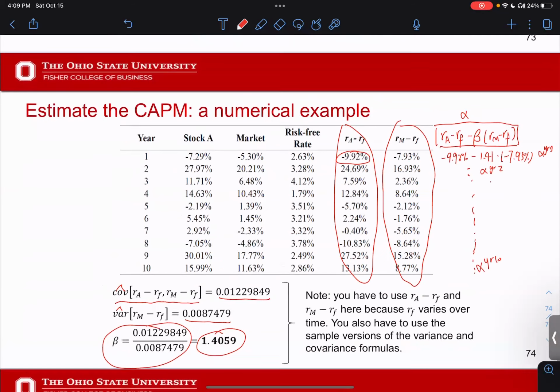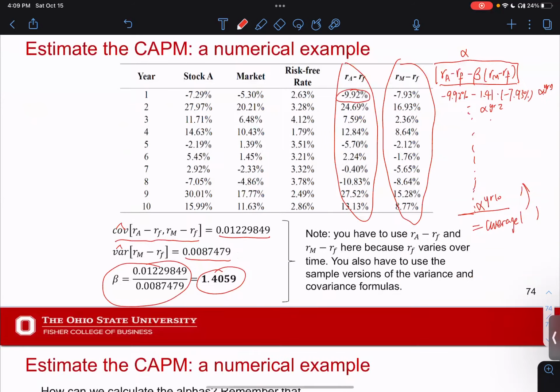So basically, the intercept will be equal to the average of this column above. That's another way to manually calculate the intercept and the beta. That's gonna be almost the same as the regression, but you do not have the p-value or the statistical test output. Is that clear?